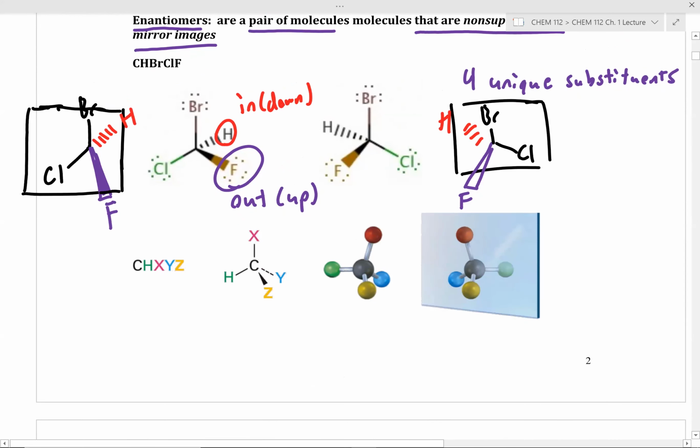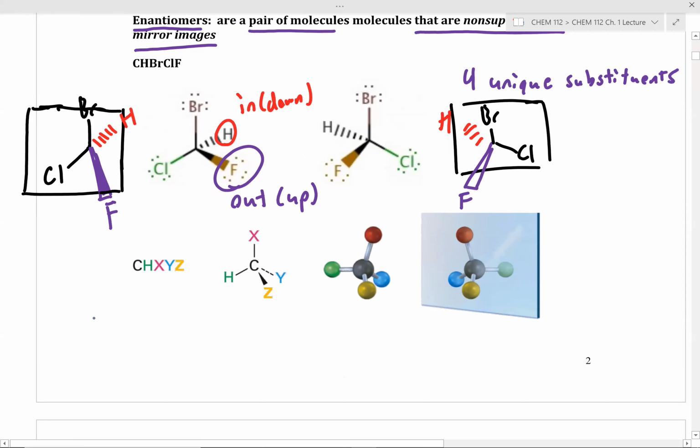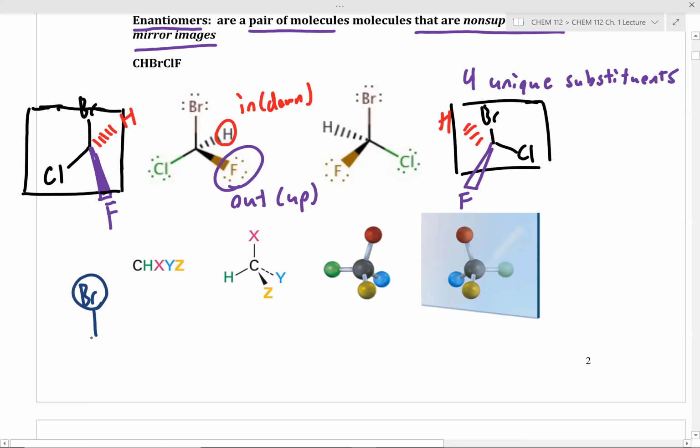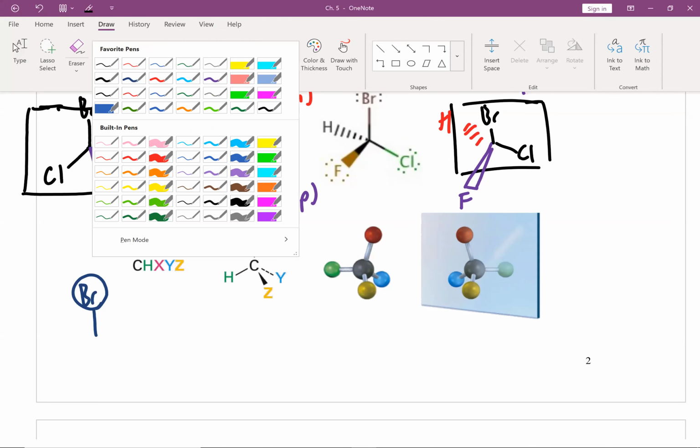So, first things first, let's start with our molecule on the left. Let's start with our enantiomer on the left. So I'm going to draw my bromine on top. Let's use a different color for chlorine.